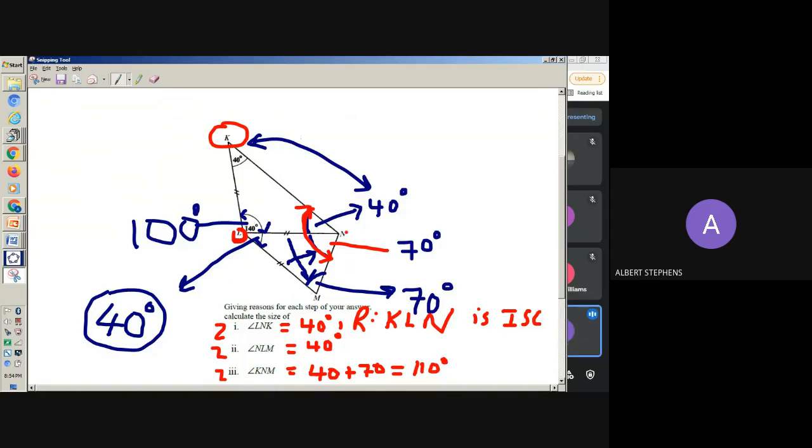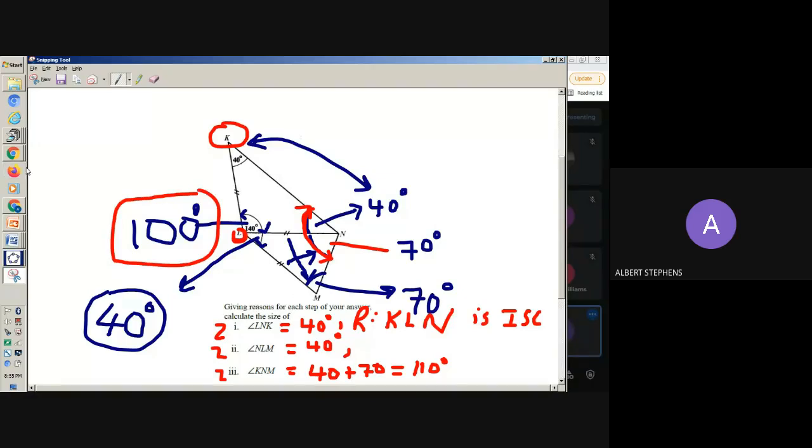Part 2, N to L to M. So N to L to M is also 40. Now, how do we get the 40? Well, we had to deduce that this angle here is what? 100, not true? And then when we figure it out to be 100, we subtract the 100 from what?